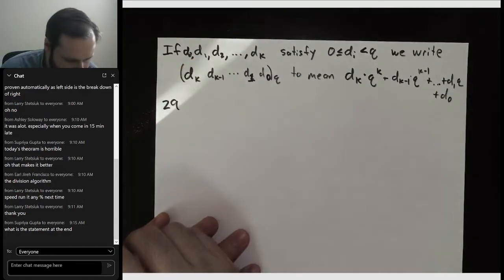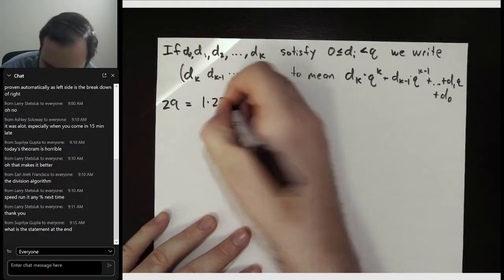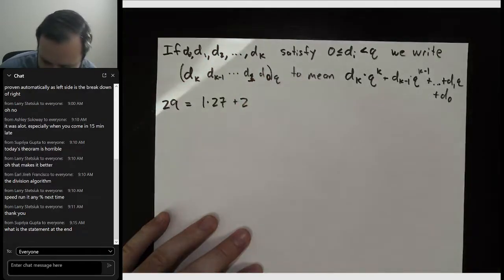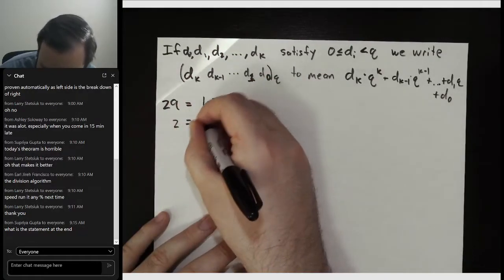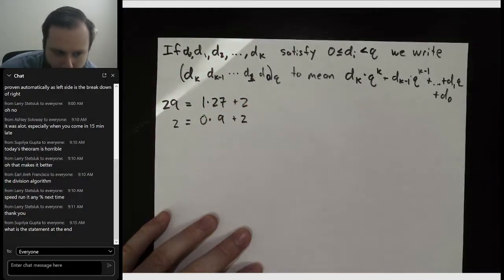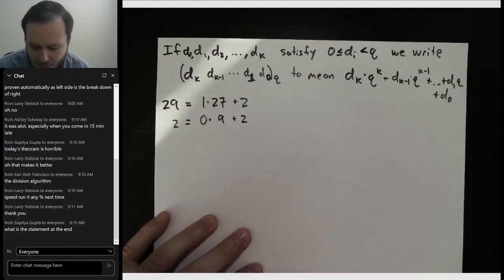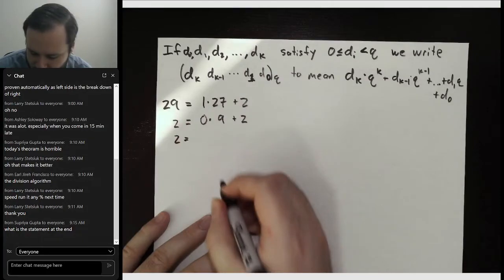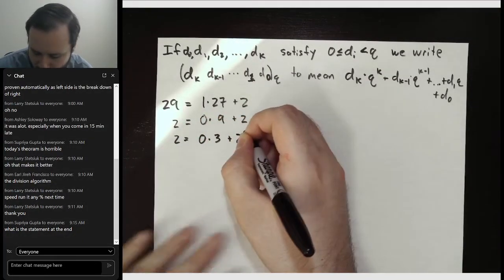29 is equal to 1 times 27 plus 2. 2 is equal to 0 times 9 plus 2. 2 is equal to 0 times 3 plus 2.